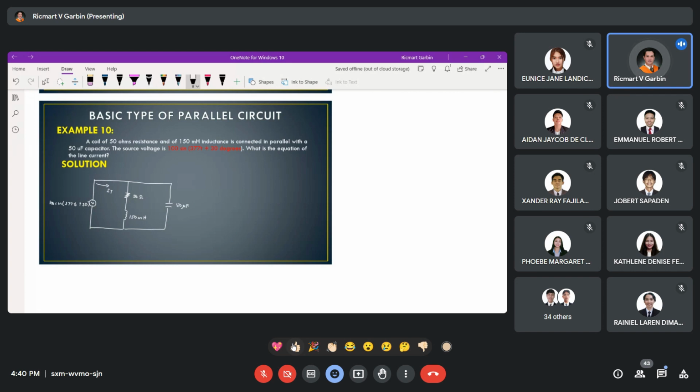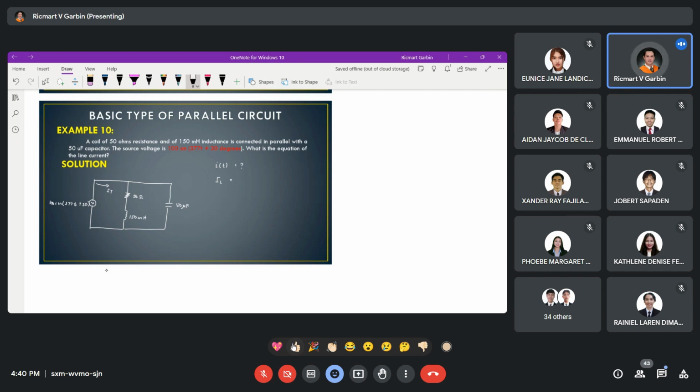So, paano natin kukuhanin yung ating line current? Since equation of the line current ang tinatanong sa atin, ang kailangan natin is i of t. Of course, bago natin makuha si i of t, kailangan muna natin kuhanin si I, which is yung ating line current.